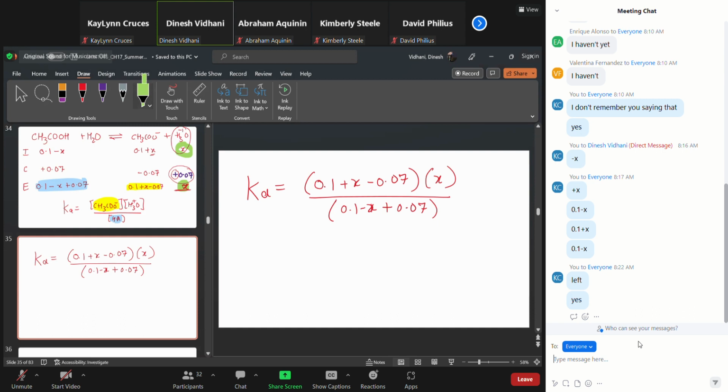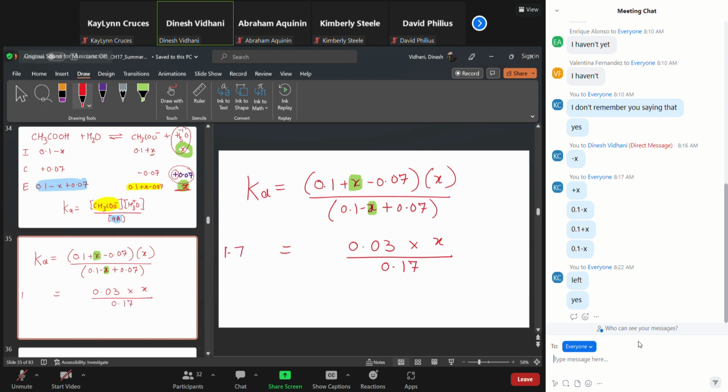So take out X, and what do you get? 0.03 multiplied by X divided by 0.17.